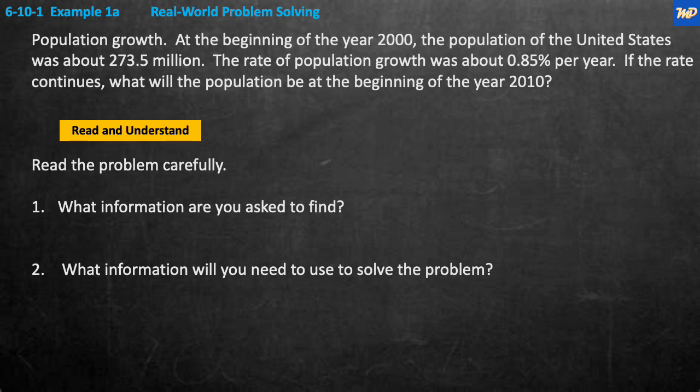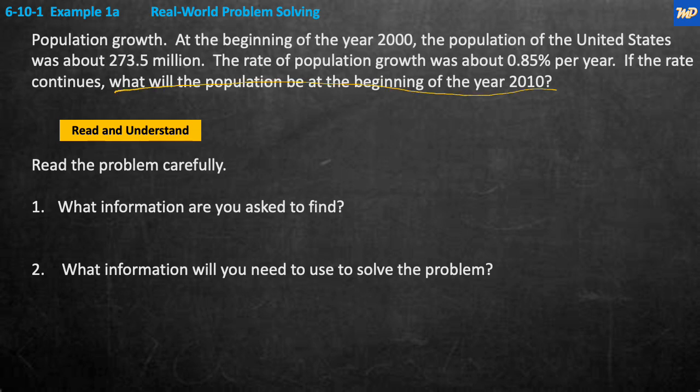So then we have this read and understand segment we're in now. It says read the problem carefully. What information are you asked to find? Well, if we look through it, it says if the rate continues, here we are right here, if the rate continues, what will the population be at the beginning of 2010?